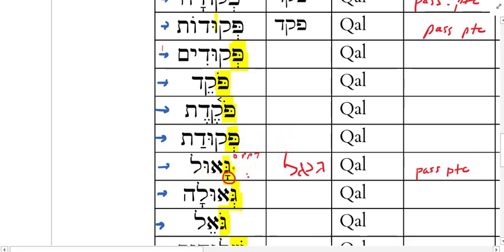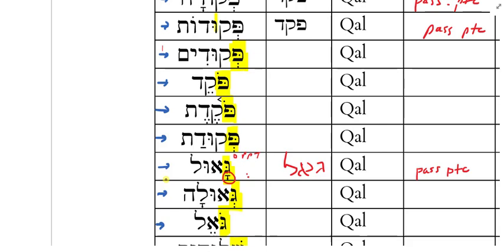Ga'ul. What does Ga'al mean? To redeem. And so Ga'ul is redeemed. Excellent. Redeemed. Ge'ulah. What's the feminine version of redeemed?